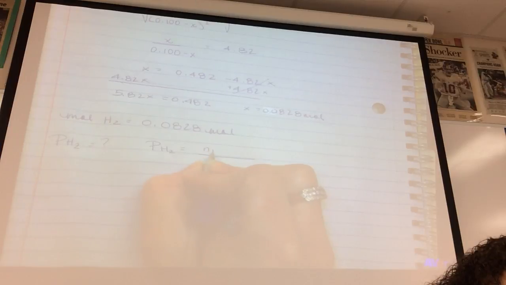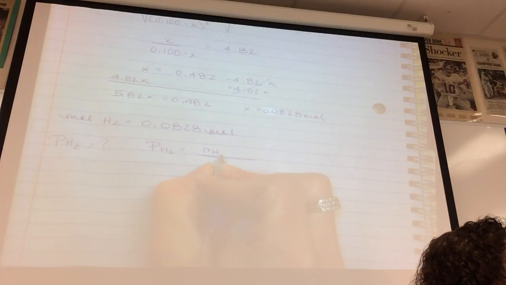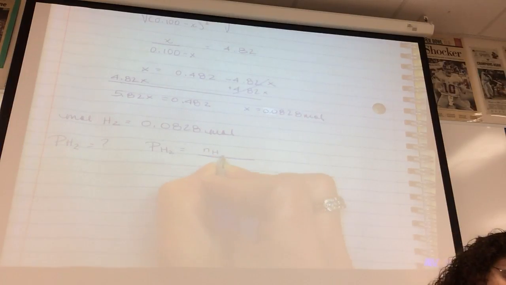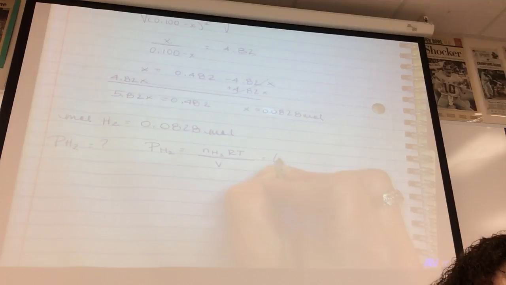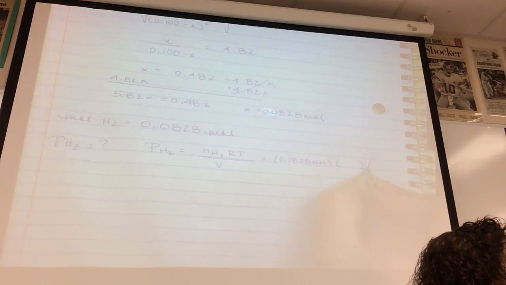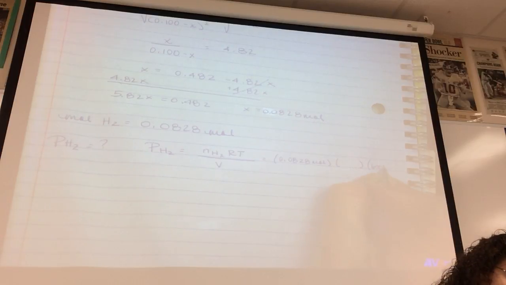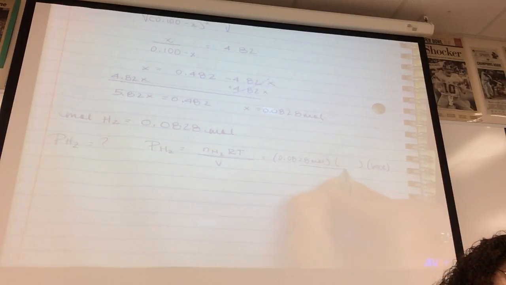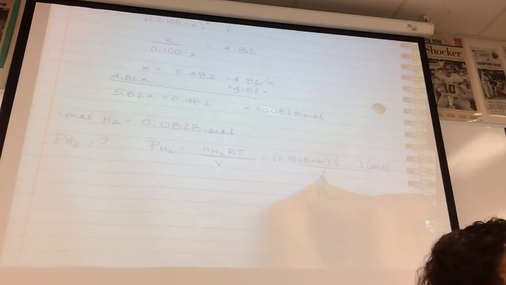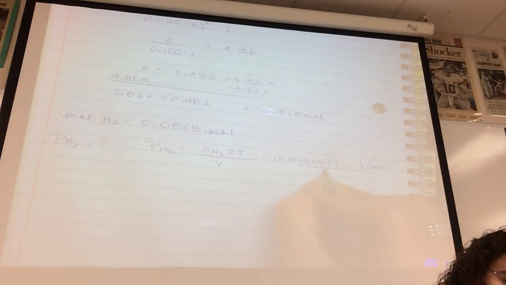So you just do moles, so you have 0.0828 moles. Your R, I'm going to plug that in here. The temperature is 600 Kelvin. The volume is 5 liters.